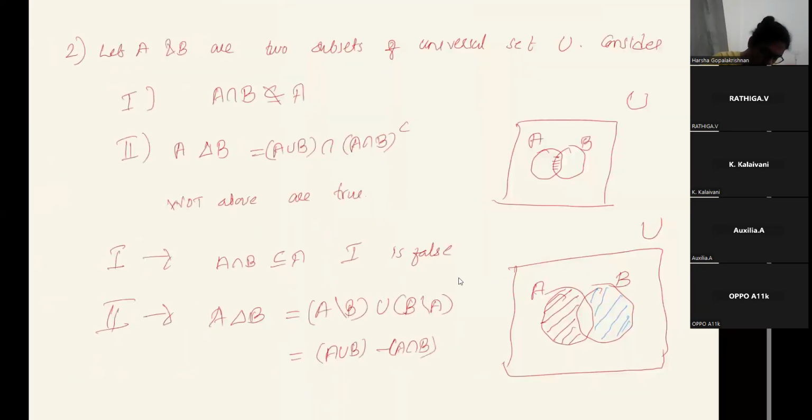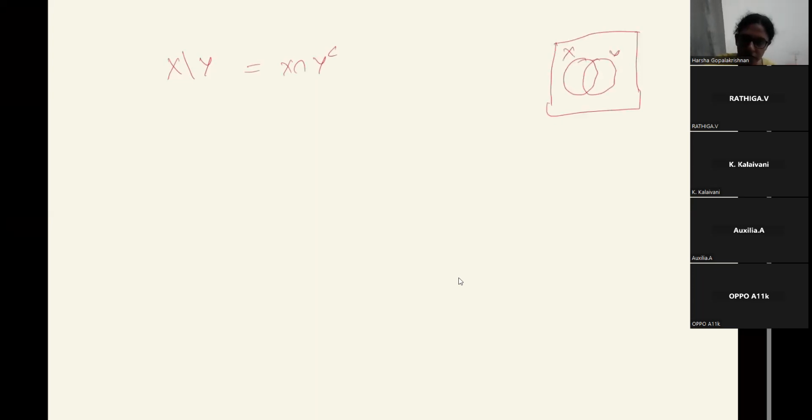Now, in general, if X and Y are two sets, what is X minus Y, which is equal to X intersection Y complement, right? So this is my X, this is my Y. So X minus Y means this is the region.